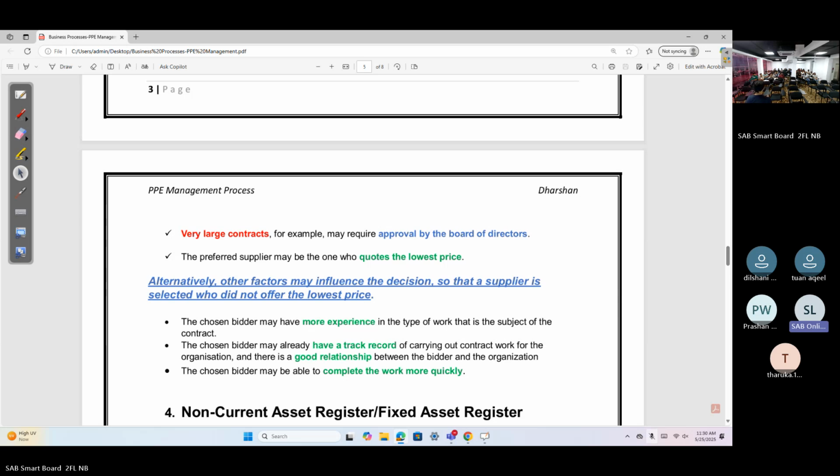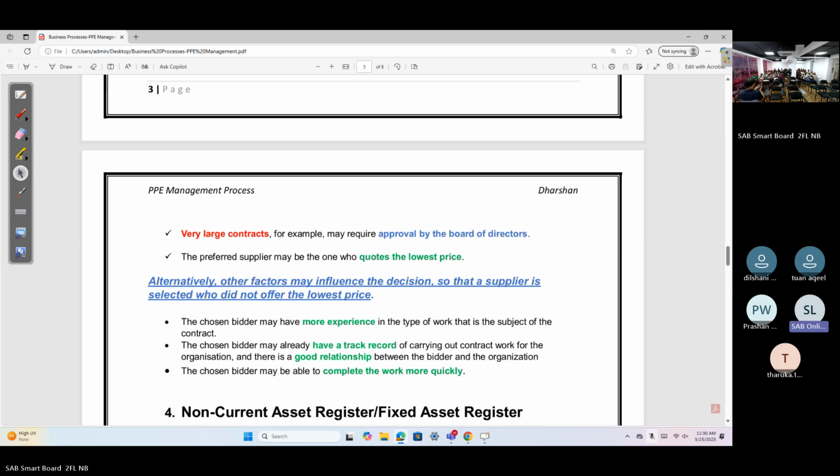Why did you select him? Now you have to give justification. Those justifications are one of these or a combination of them. Because B has more experience on this project, specifically this item, manufacturing of these machines.